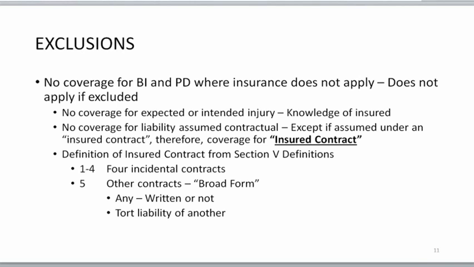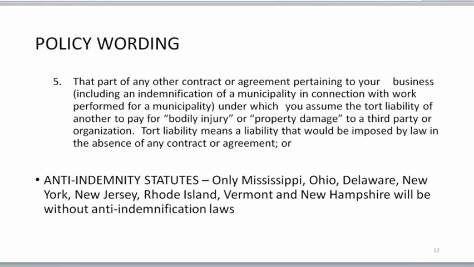Therefore, there is coverage for insured contracts. And then the definition of insured contract contains the miscellaneous, but you have the broad form. The broad form is contracts that even have our insured holding their customer harmless, and we will have to honor those. The three that are not covered are the ones involving railroad protective and the owner-operator agreements and the hold harmless agreements with shippers involving transportation.